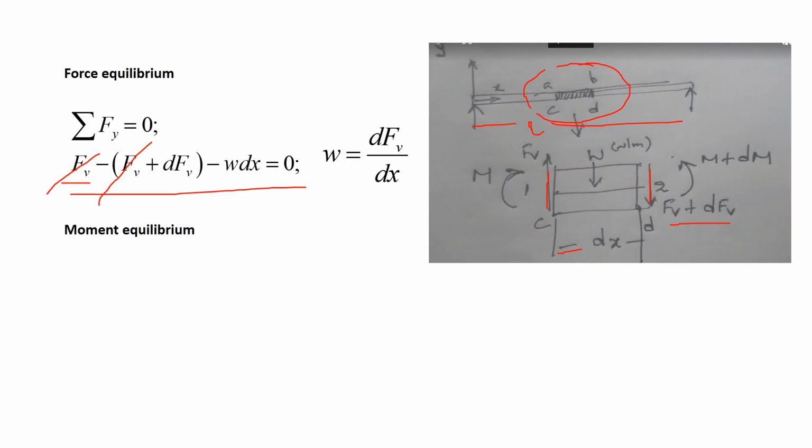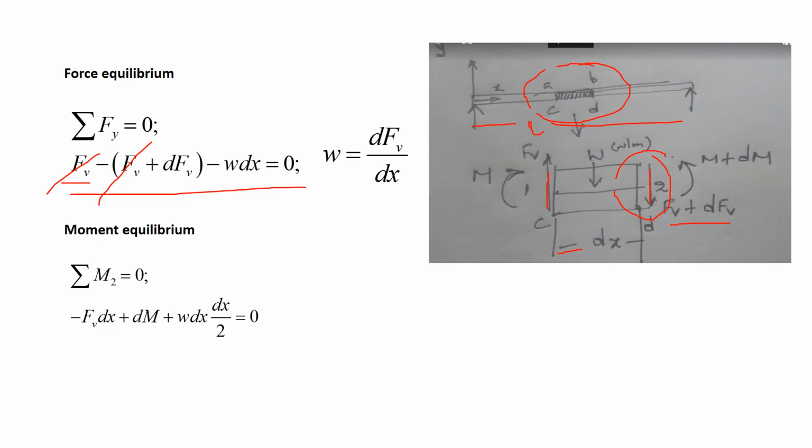Similarly, for moment equilibrium, the sum of moments about node 2 is equal to 0. We consider the moment taken about node 2.